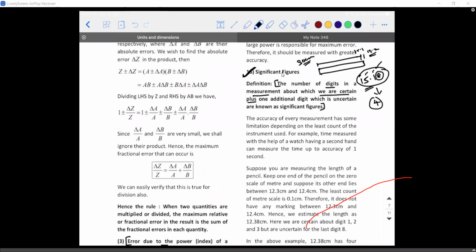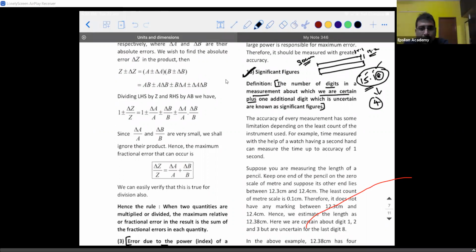Whenever you're trying to do any measurement in the lab, let's forget about the exam point and take a practical use into consideration. If you're asked to do an experiment in the lab, then when you take the measurement and report the answer, you should report it with the maximum number of significant figures possible.